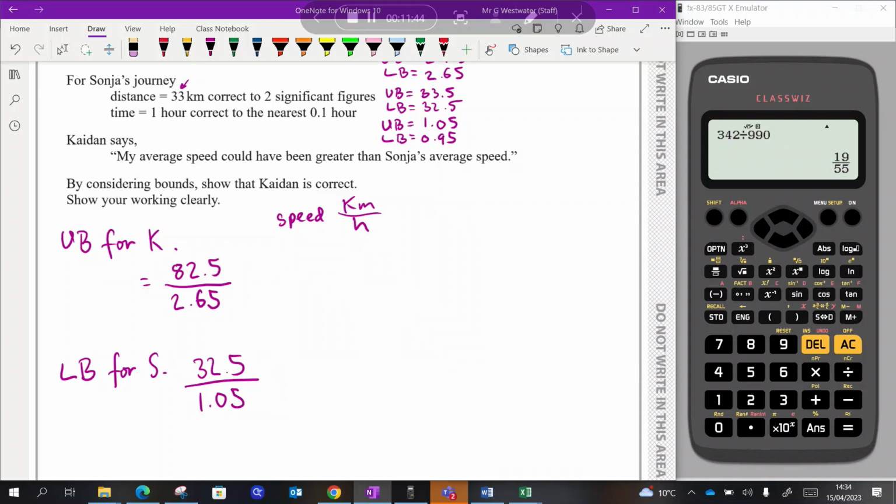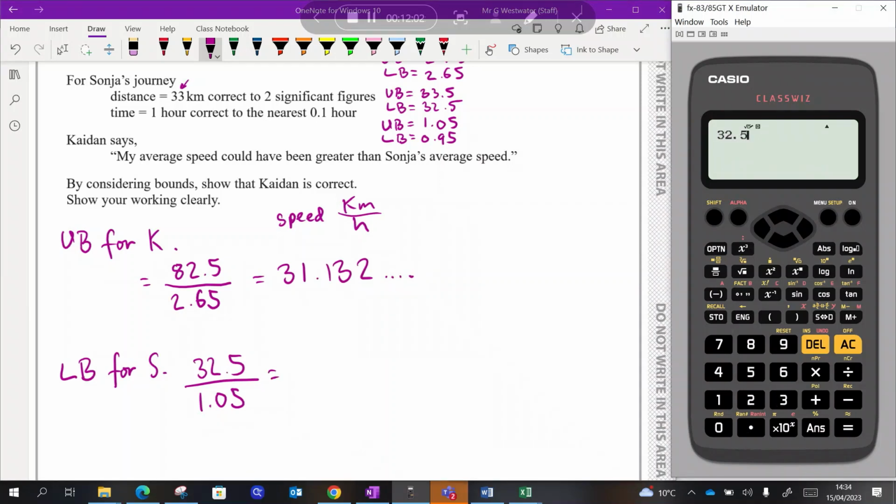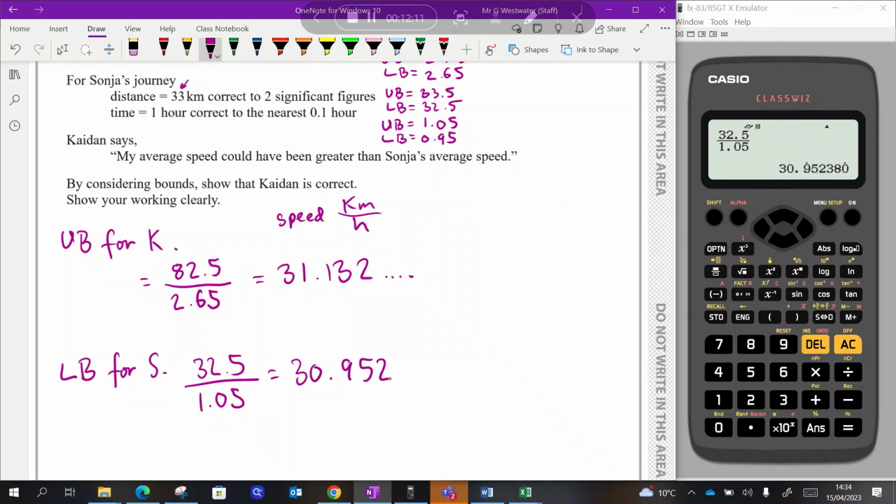Okay, so let's work these out. 82.5 over 2.65 is 31.132... and I'm going to put these as decimals because I think it's easier to compare them. And 32.5 over 1.05 is 30.952... So we can quite clearly see that this is larger.